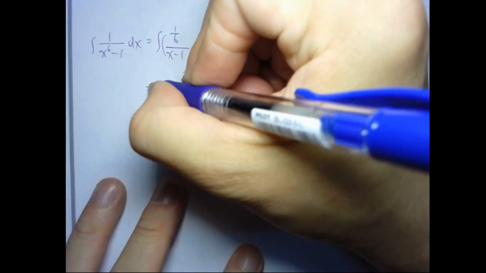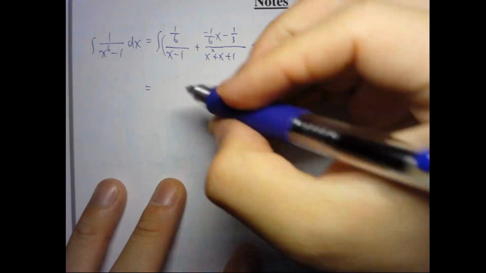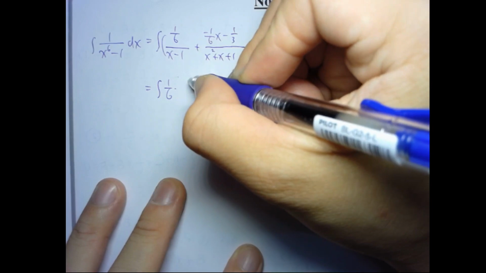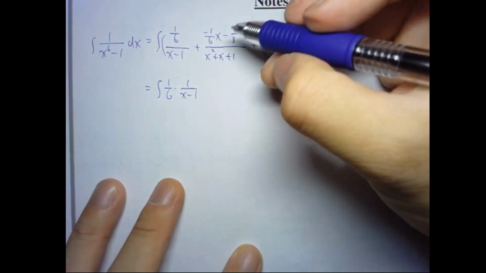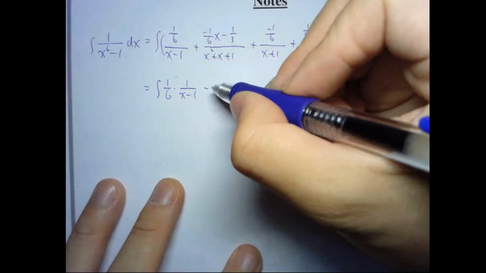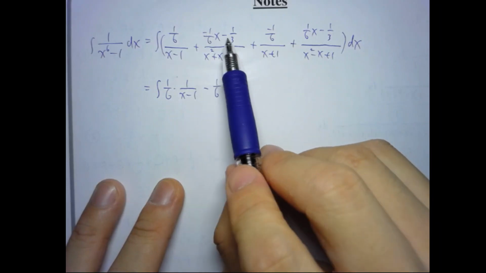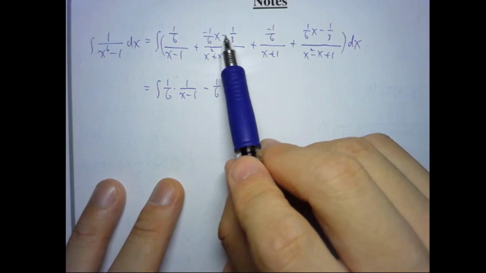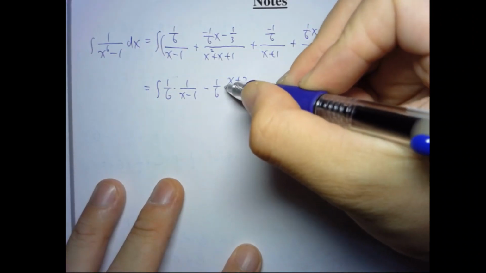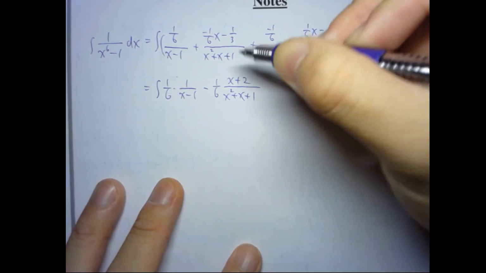So I move the number to the front, which is integrate 1 over 6 multiplied by 1 over x minus 1, minus, I will take out the 1 over 6, the factor, to the front. Because I take out the negative, this will make the numerator positive, x plus 2 over x squared plus x plus 1.